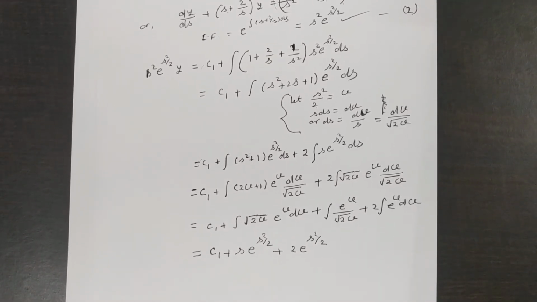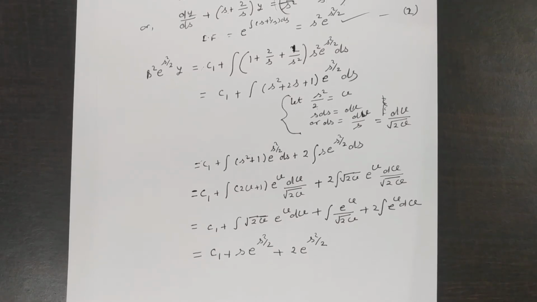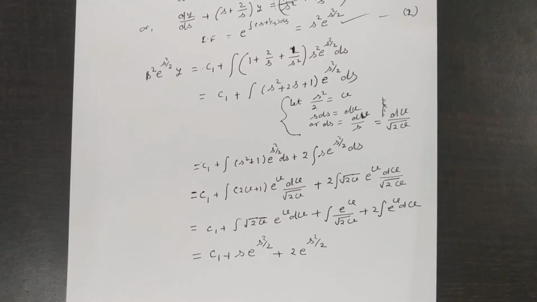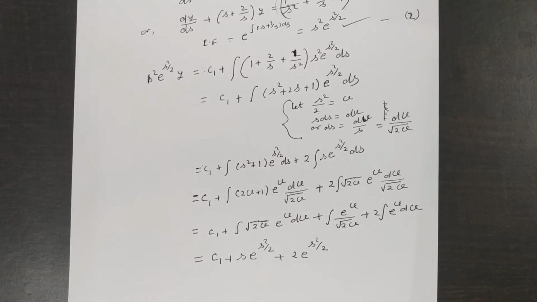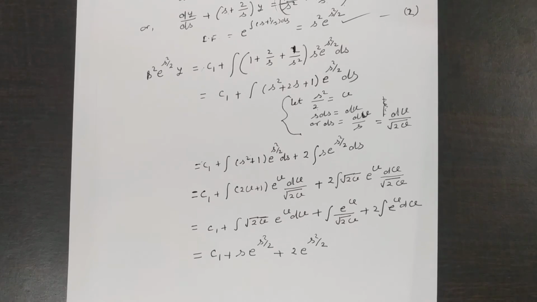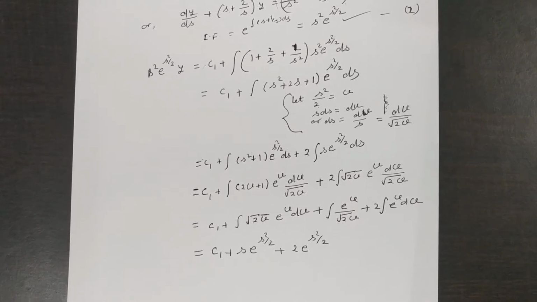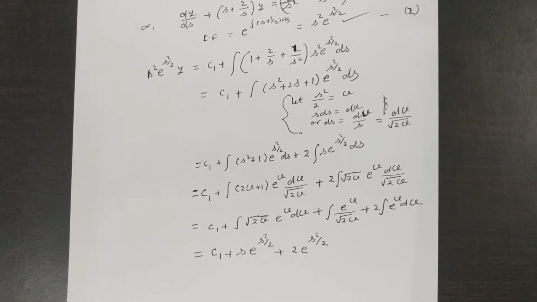This again can be written, integrating this, and now we get the form: c1 plus s e to the power s square by 2 plus 2 e to the power s square by 2. Okay. This is the result for this one.